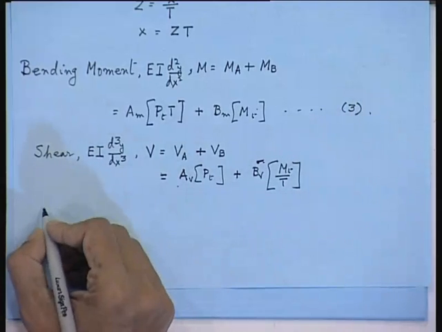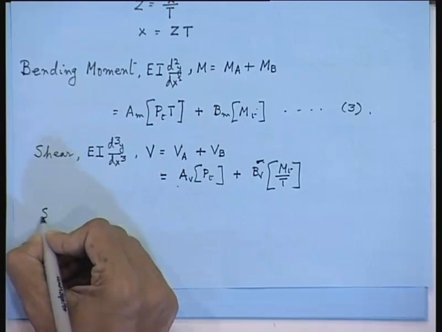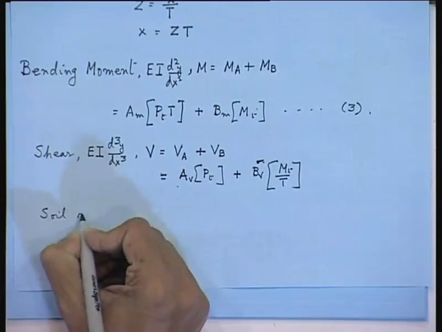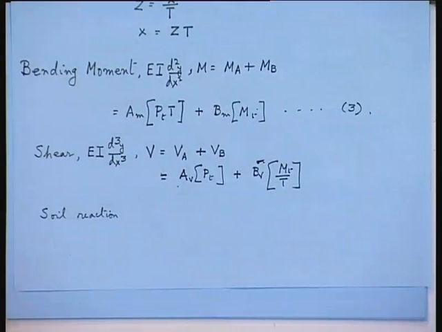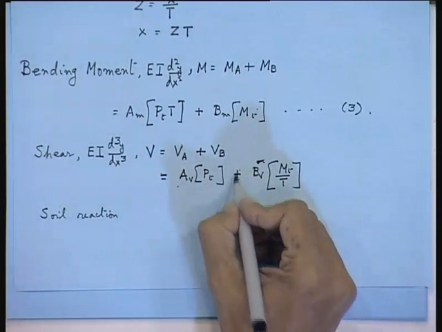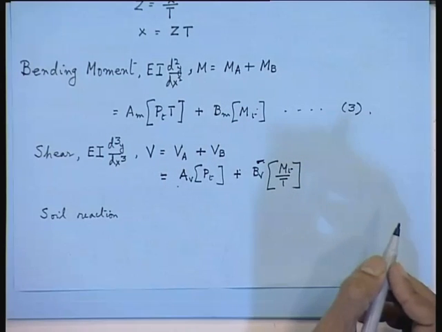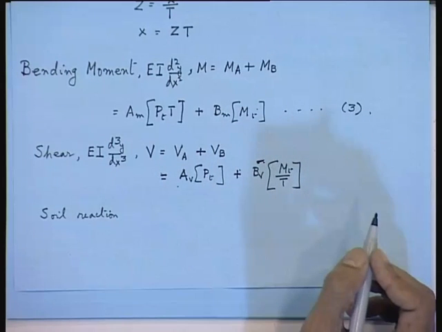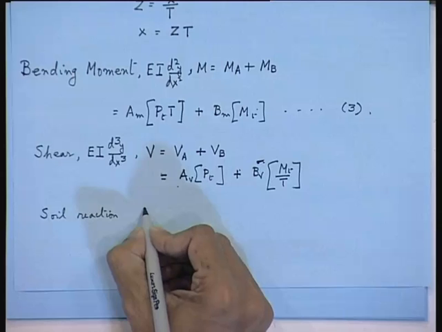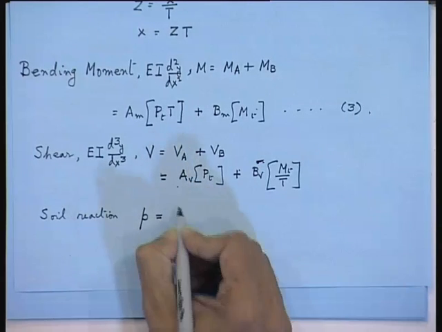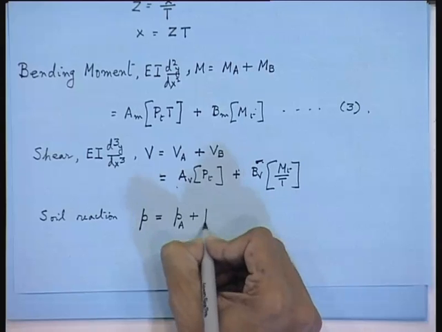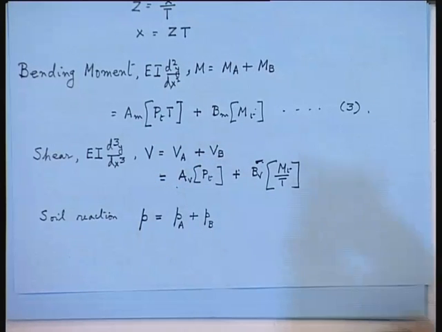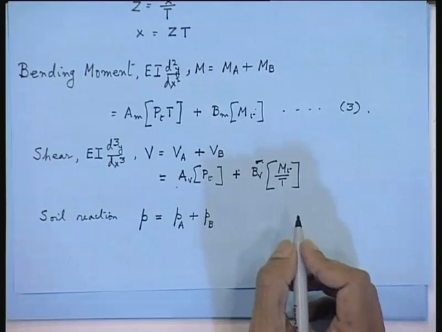The last one is your soil reaction. Instead of vanishing the constant, you keep this in BV. Now, again you differentiate this. Soil reaction is given as P, and P equals PA plus PB. So, again differentiate this, same thing.